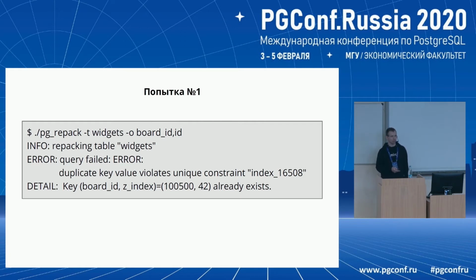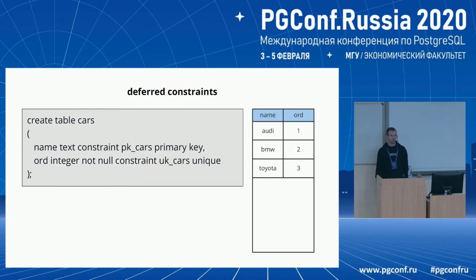So once again, some theory about deferred constraints, because this is not a very popular topic. Let's take a look at a very simple example. We have a table with the name and with the order number, and we use it to sort values in the implementation.